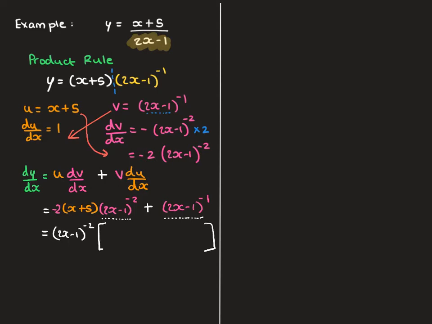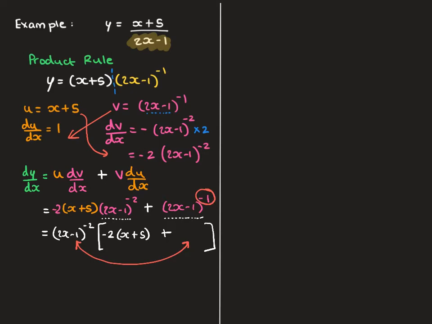We'll use the large square brackets for clarity, and what do we have inside our brackets? Well, we have a negative 2 and x plus 5 here, and then for this part here we need to make sure that whatever we have here multiplies by 2x minus 1 to the negative 2 to give us 2x minus 1 to the negative 1.